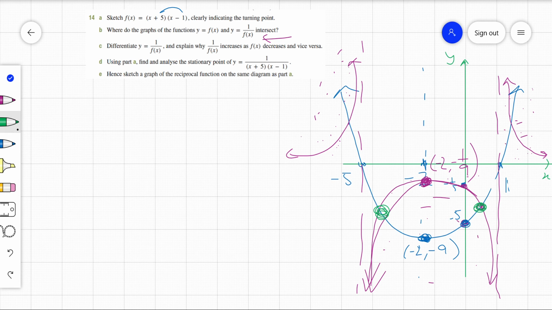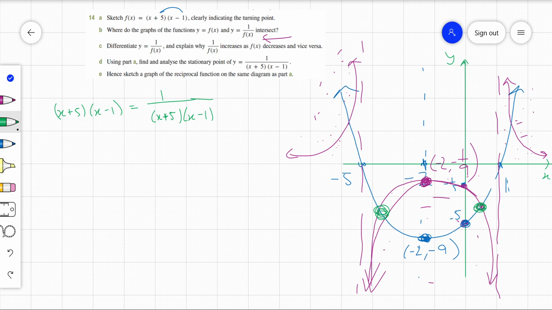So if we want to find where they intersect, we need both those curves. So we've got (x plus 5)(x minus 1), and we're seeing where it intersects with 1 on (x plus 5)(x minus 1).